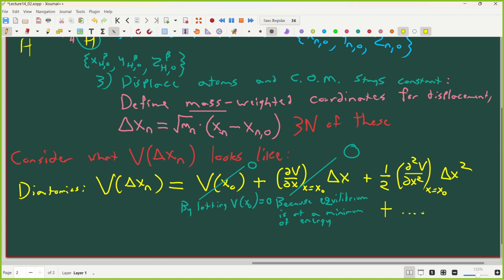But it's important that we write this down explicitly, because this gives us a way to write a formula, as you'll see in a second, for as many dimensions as we want. This is just one-dimensional, but now we have a 3n-dimensional problem. And the nice thing about this is it gives us a really nice way to write down an approximation for what we think the function will look like in as many dimensions as we please.